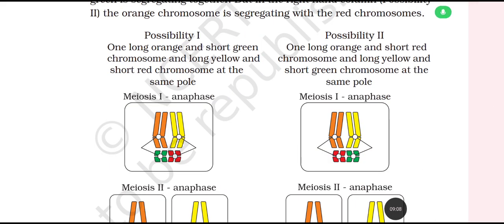Possibility 1: one long orange and short green chromosome, and long yellow and short red chromosome, at the same pole. Possibility 2: one long orange and short red chromosome, and long yellow and short green chromosome, at the same pole.